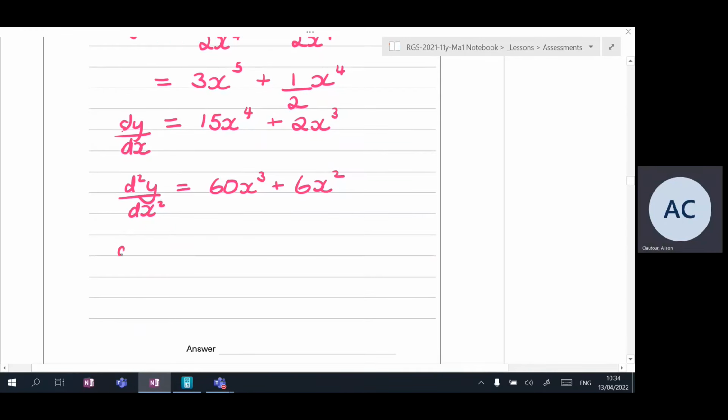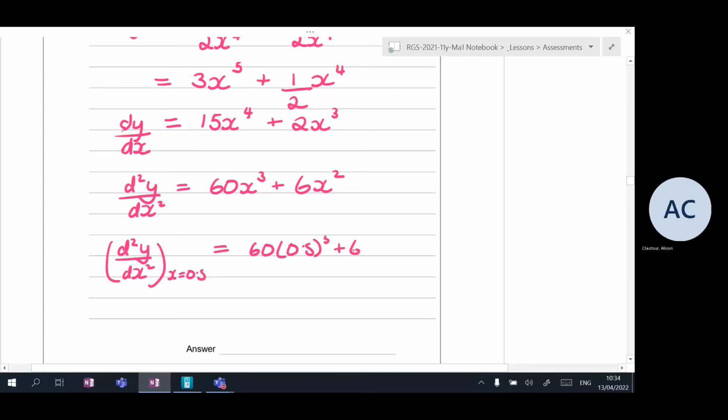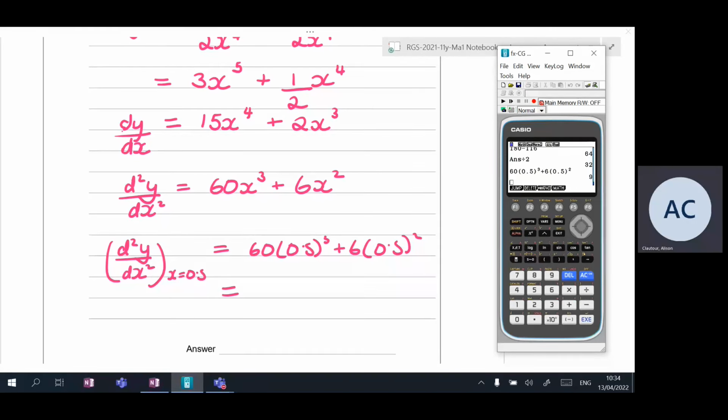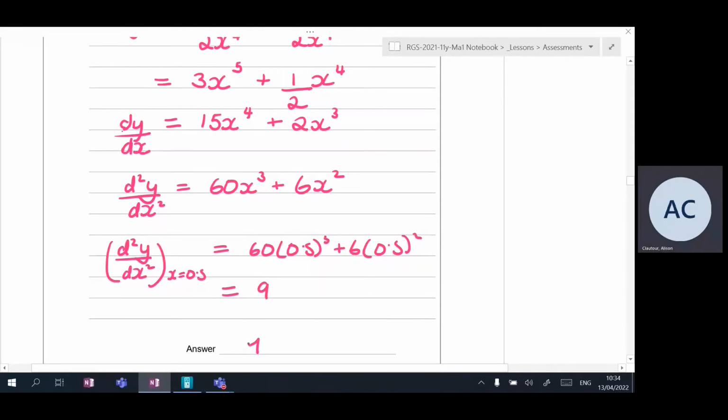So I'm interested when x equals a half. So I'm going to substitute x equals a half in. Okay, which gives me a value of 9.